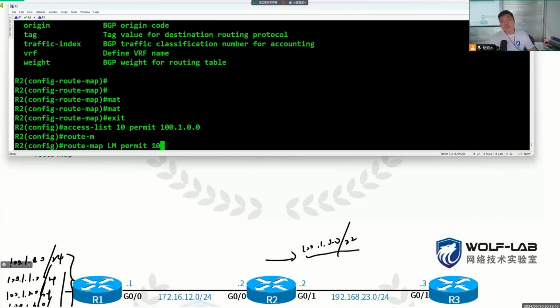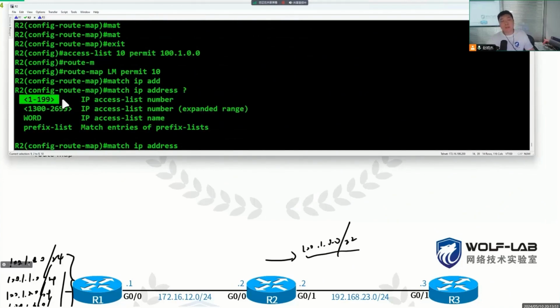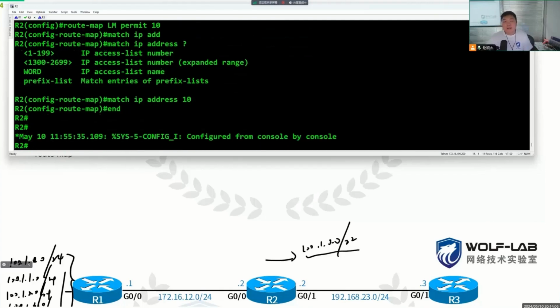What are we going to do? Match our IP address, the access control list inside 10, the one that captured this 100.1.0.0 routing entry. It's like we are now putting on a nesting doll. What doll? We use an access control list 10 to match out the 100.1.0.0 routing entry.